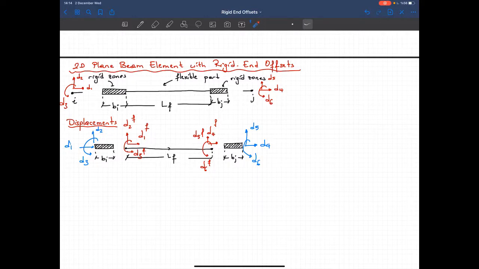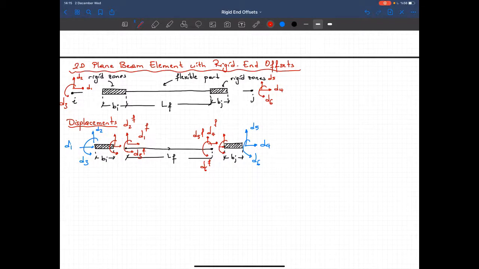We can do that by using the constraint equation. So all I need is a relationship between the degrees of freedom at the end of the flexible member with the degrees of freedom at the end of our new member. So let's try to define these relationships. Due to compatibility, I should have the same displacements here and the same displacements here.